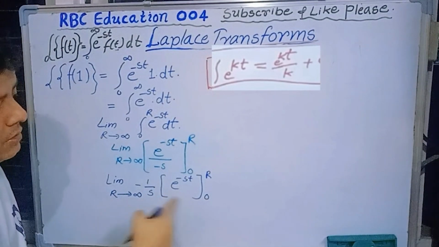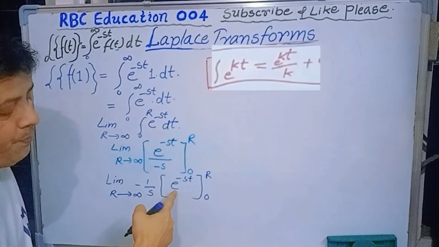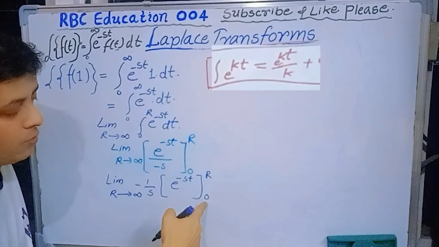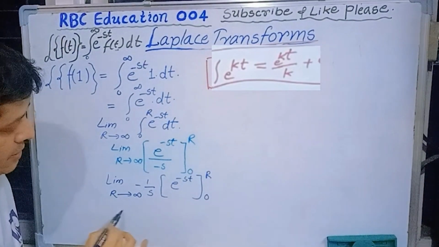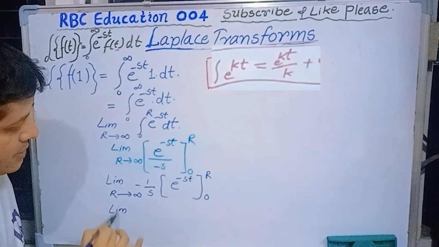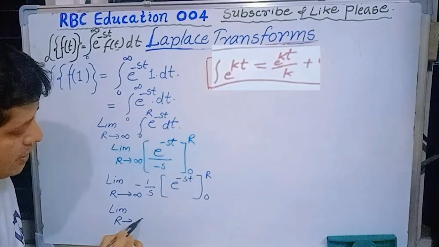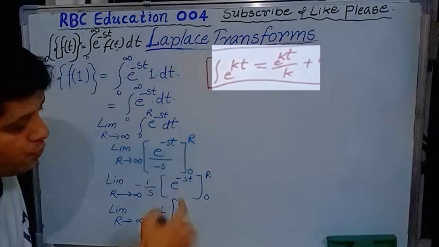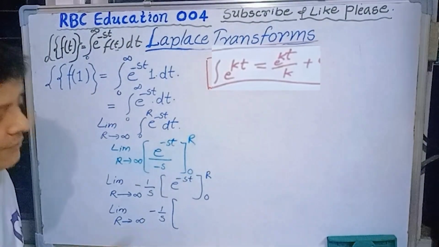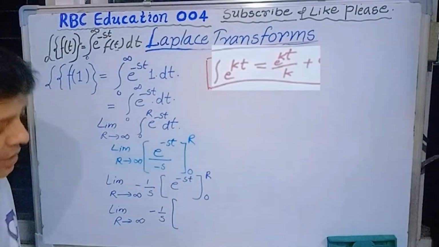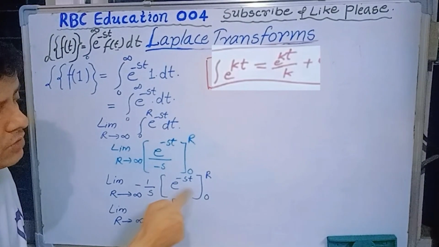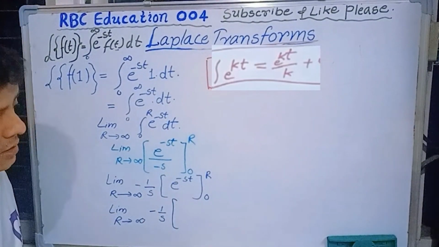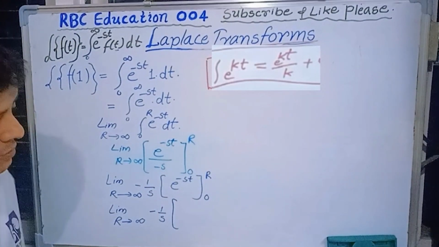Now you can solve this by upper limit minus lower limit. So with the limit as r tends to infinity, and minus 1/s remaining the same, we use the formula of upper limit minus lower limit. I'm not writing the formula here; you need to know the formula of this integration, or else it will be a problem.